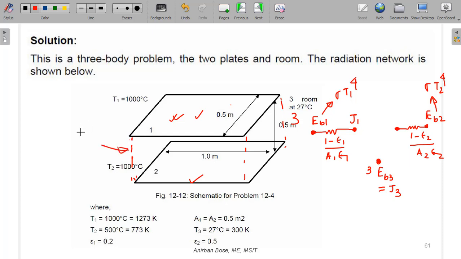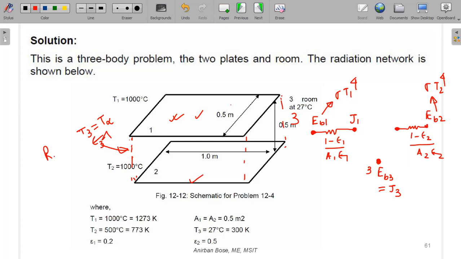So our assumption is that its area is very, very large, and that is why we can consider its temperature T3 is equal to T infinity, and we are assuming its emissivity is equal to 1. Emissivity equal to 1 means we are assuming that it is a black body, as if we are not considering the surface resistance.